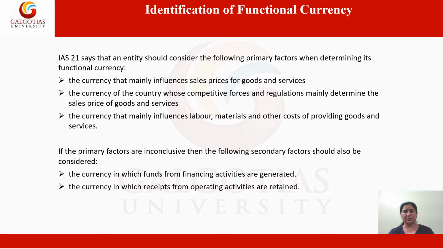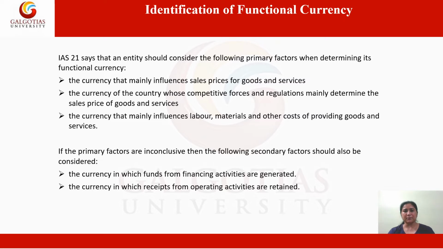Considering the complications that may arise in identifying a currency as functional currency for an entity, IAS 21 has identified certain factors divided under primary factors and secondary factors, which will be helpful in easy identification of functional currency for business entities.